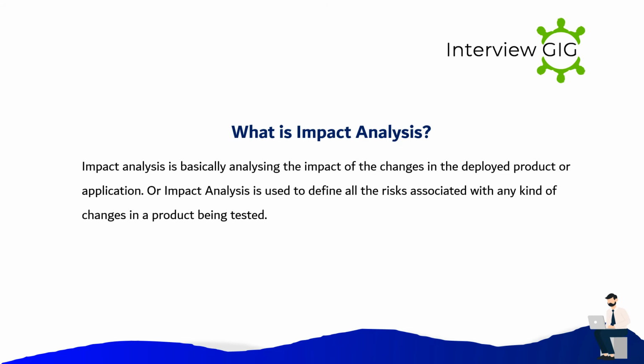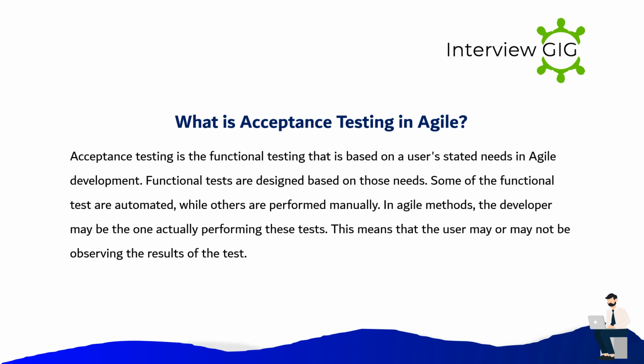What is impact analysis? Impact analysis is basically analyzing the impact of the changes in the deployed product or application. Or impact analysis is used to define all the risks associated with any kind of changes in a product being tested.